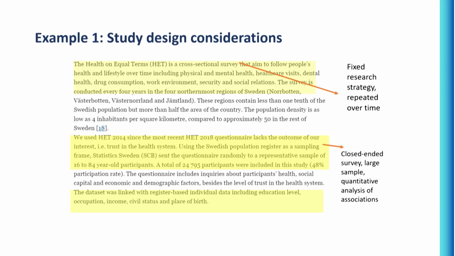So this gives us clues that it was a closed-ended survey. It's a very large sample. And it's quantitative analysis of associations. So all of these things indicate to us that it is a positivist stance. It is a fixed strategy.